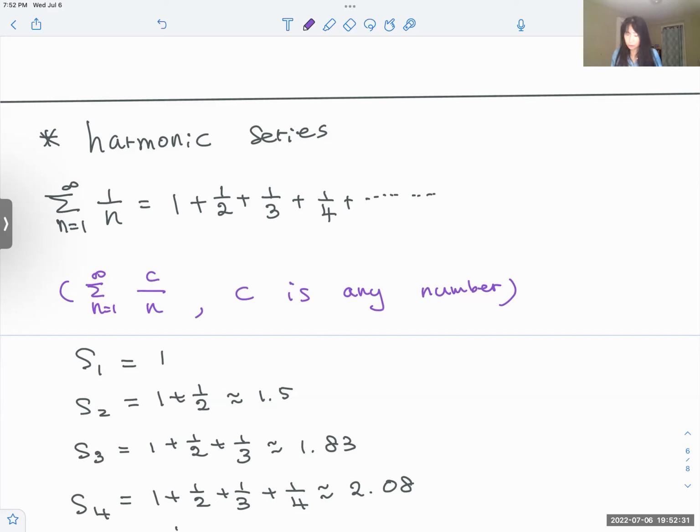Now we're going to do telescoping. We learned the geometric series and the harmonic series.